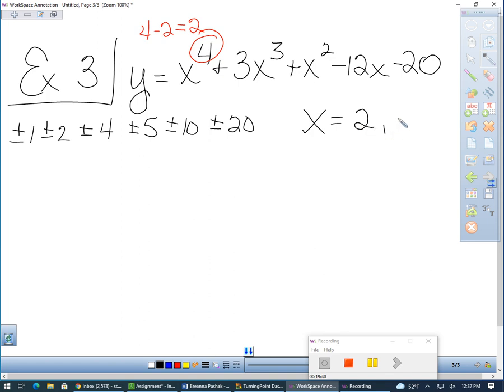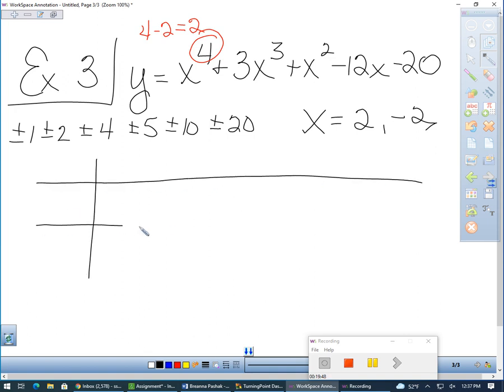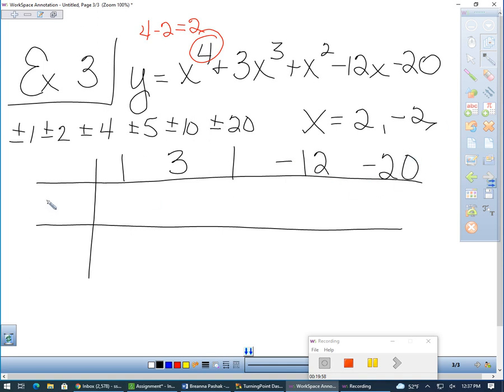It's -2 and +2, right? All right, so here we go with our synthetic. So we can find our other 2 zeros. Across the top, I have 1, 3, 1, -12, -20. On the outside, let's start with 2.